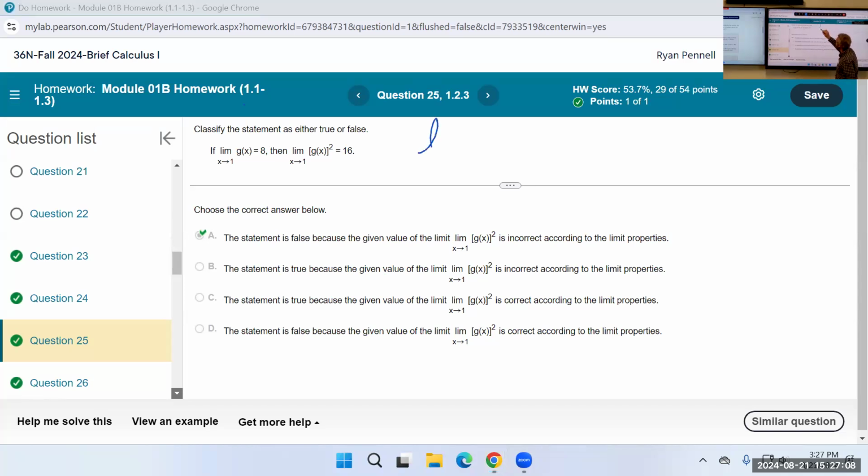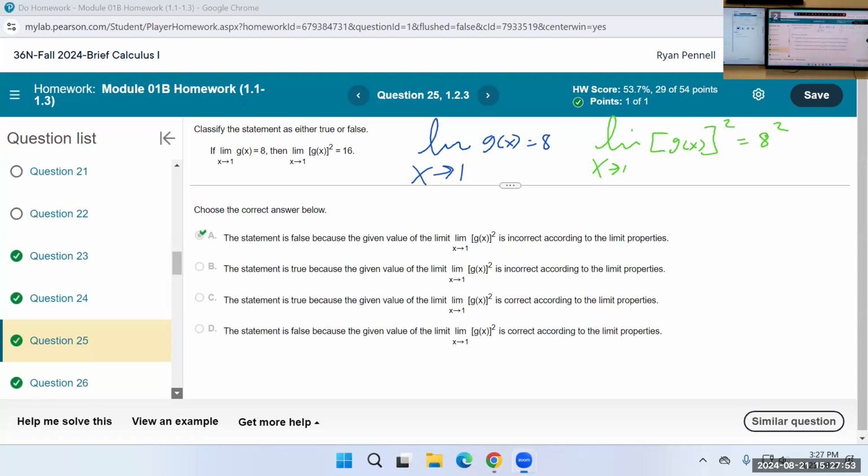If the limit as x approaches 1 for some function g of x equals 8, am I allowed to say that the limit as x approaches 1 of g of x squared would equal 8 squared? I'm not justifying it with any answer. I'm just going to say, look at what the book says. So I have it in my lecture notes for you.